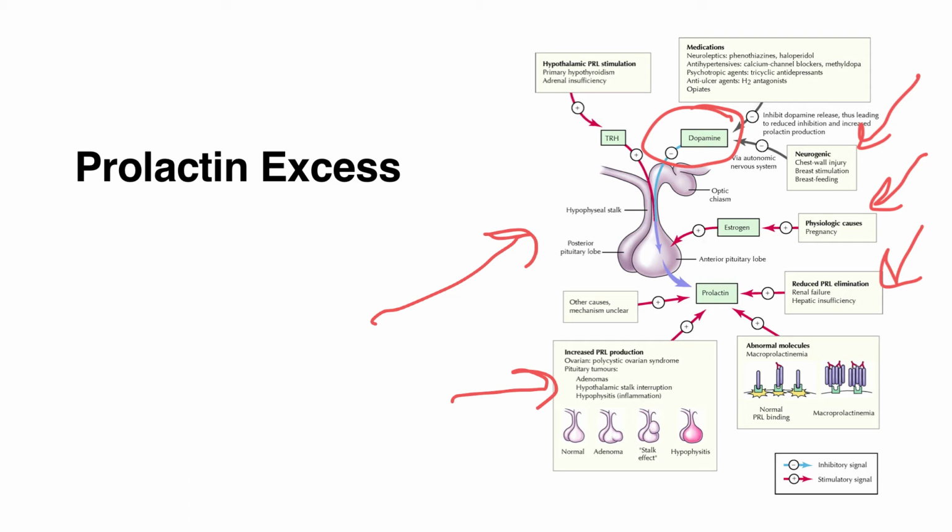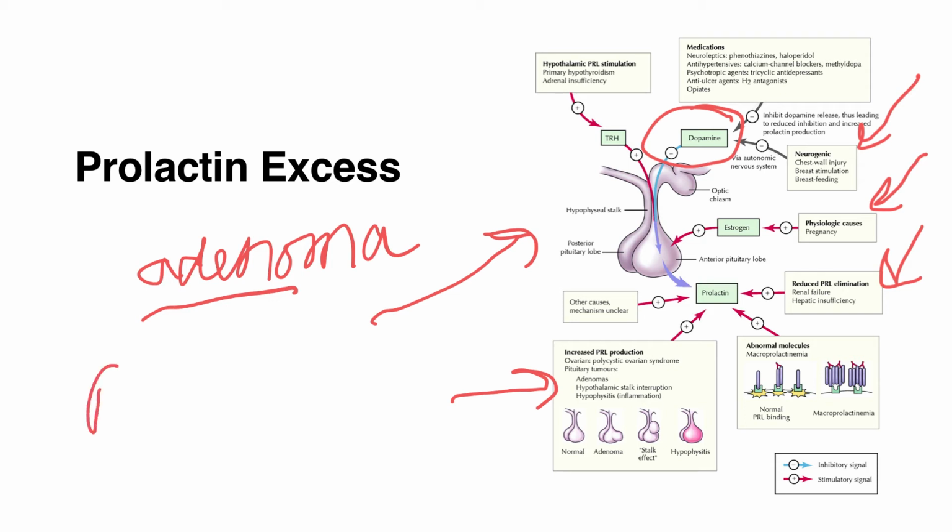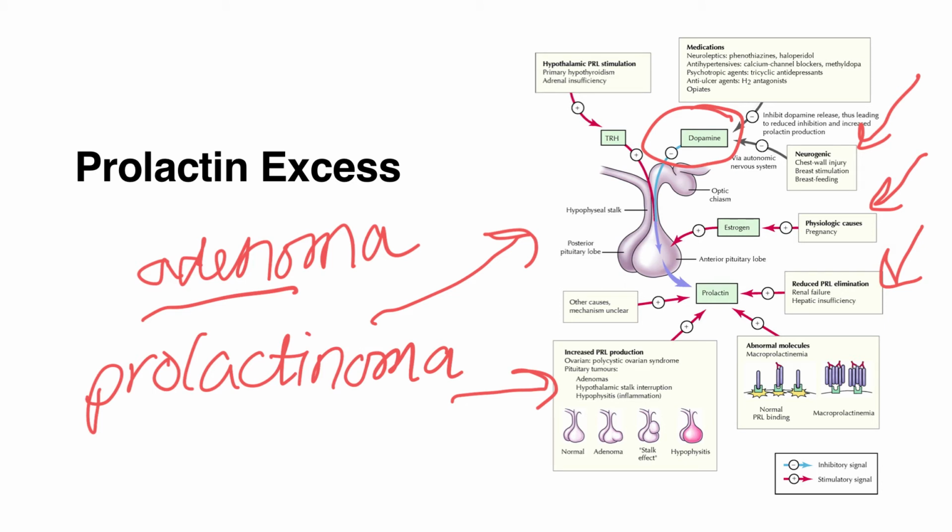So it's a very wide spectrum of things that can cause excessive prolactin, but like every other thing, an adenoma is the most likely cause of hypersecretion. And not only can we use the term adenoma or gland growth, we can also use the term, to be super specific, prolactinoma. So that is specifically referring to a benign growth of prolactin secreting cells in the pituitary.